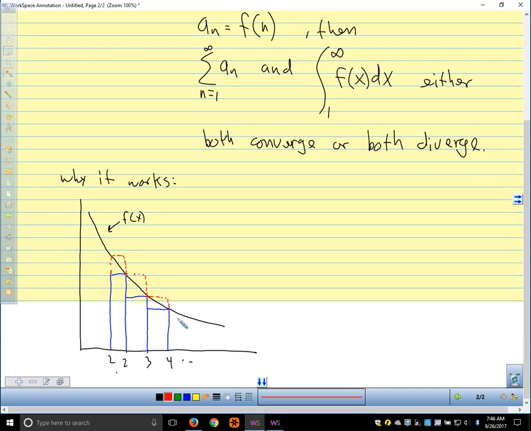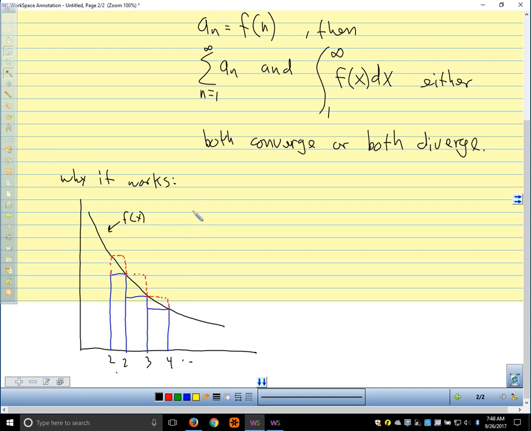So the integral puts a bound on the sum of the sequence, because the integral is somewhere between the area of the inscribed and the circumscribed rectangles. The sum of the sequence is just somewhere between the area of the inscribed and the circumscribed rectangles.